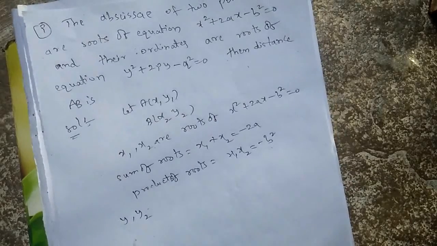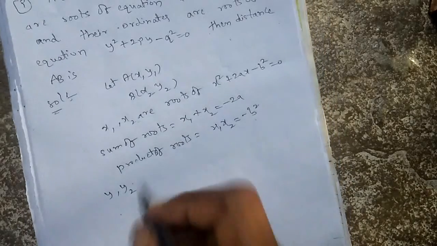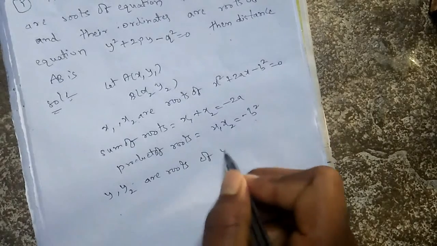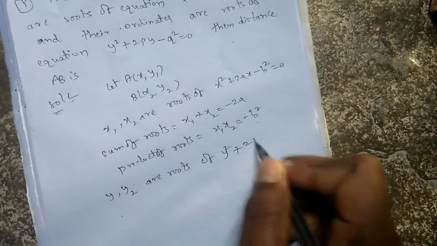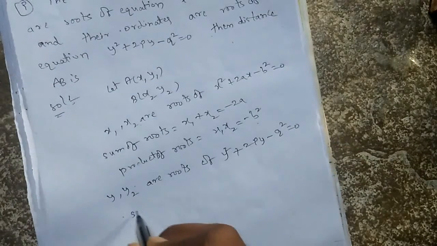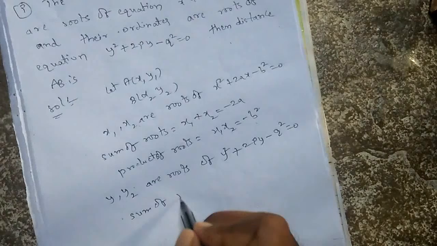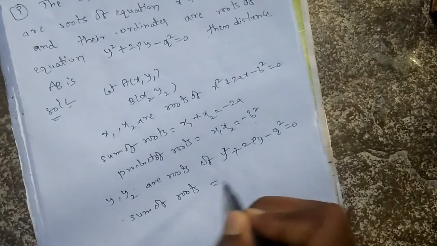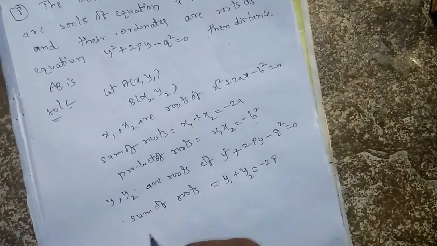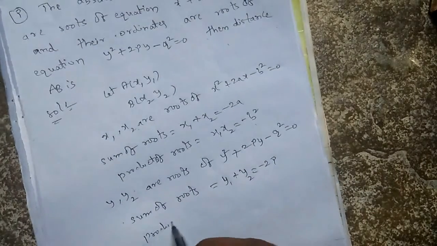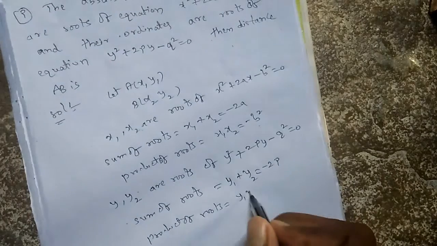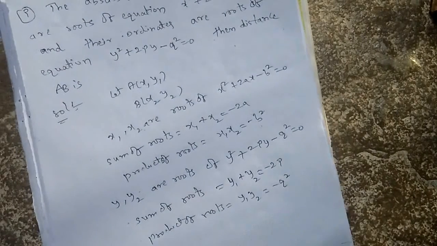Similarly, y1, y2 are roots of y square plus 2py minus q square equals 0. Here also sum of roots is y1 plus y2 equals minus 2p. Product of roots is y1 y2 equals minus q square.